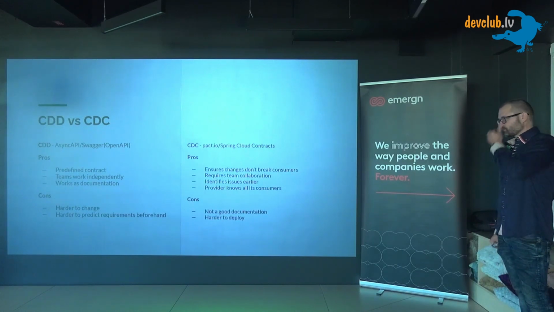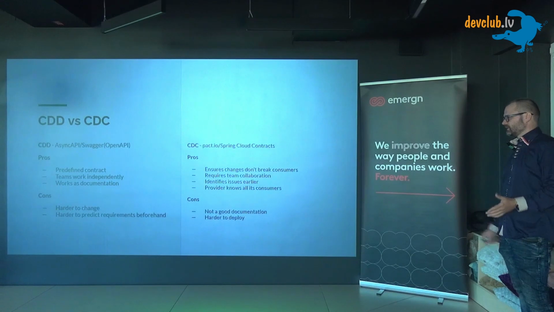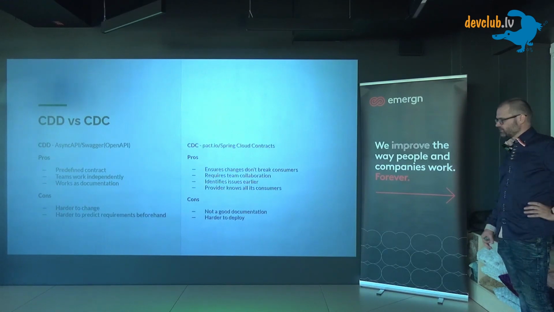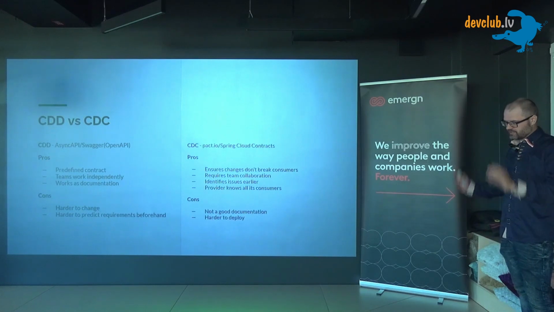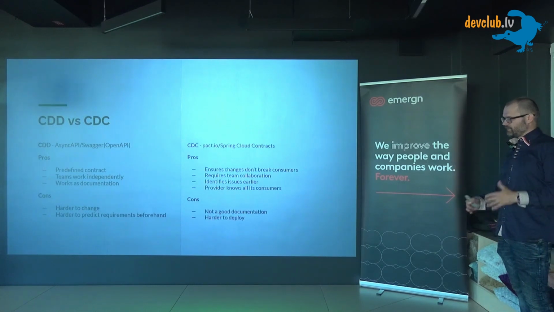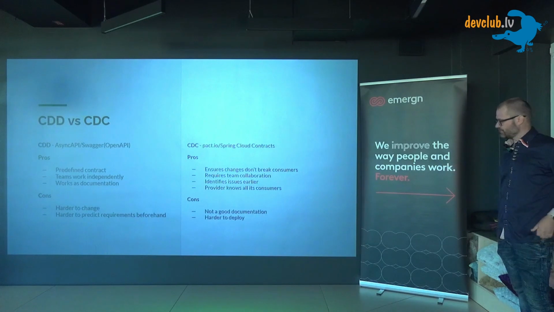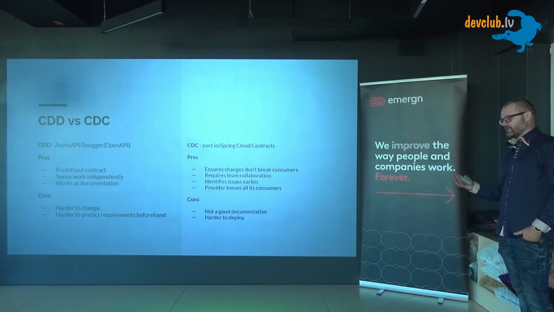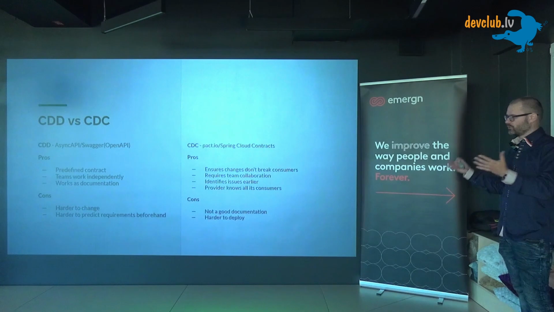But the idea is that the contract is defined by the consumer, and then the provider will verify that it will be able to send those messages according to the schema. But whenever, like in our example, when we develop new microservice, we define new contracts.